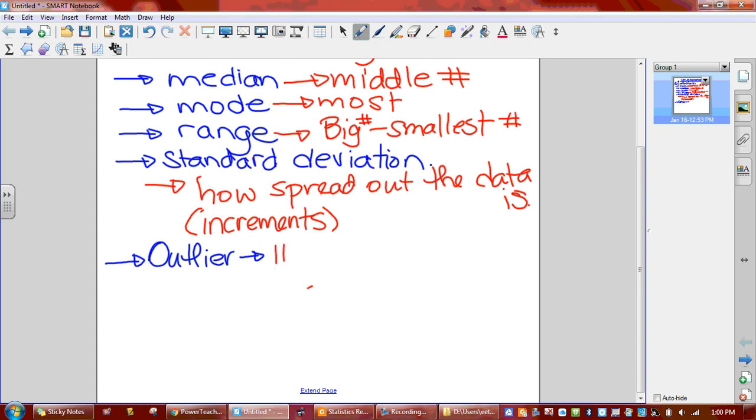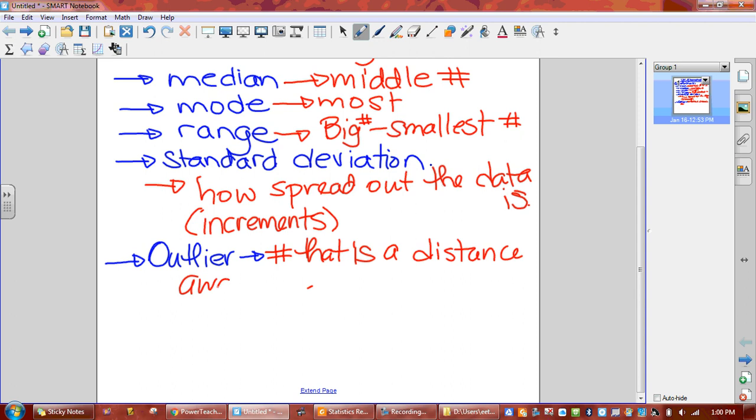So this is a number that is, how would we say it, a number that is a distance away from others, from all of the others, I should say, from all other numbers. So it's the number that sticks out.